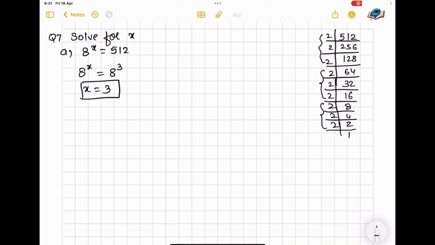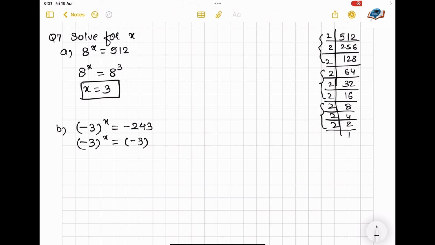Then B says minus 3 raised to x equal to minus 243. So minus 3 raised to x should be equal to minus 3 whole raised to something.